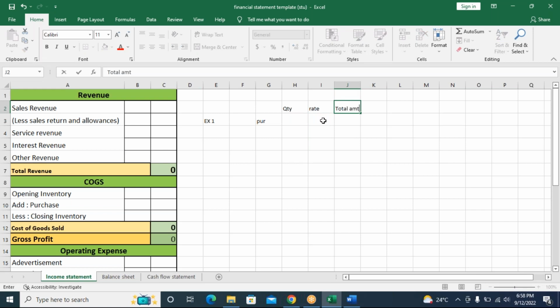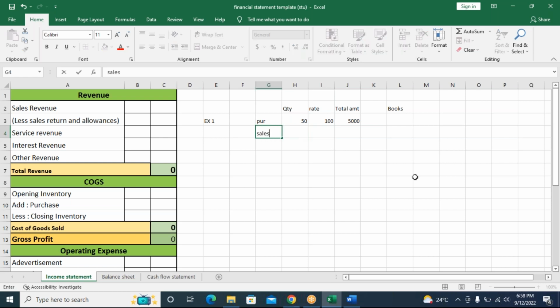Just imagine that I am purchasing 50 numbers. It can be anything, like I'm purchasing books. So the quantity is 50, and the rate I am spending to purchase is that one book costs 100 rupees. So the total amount is 50 into 100, that is 5,000 rupees, isn't it?